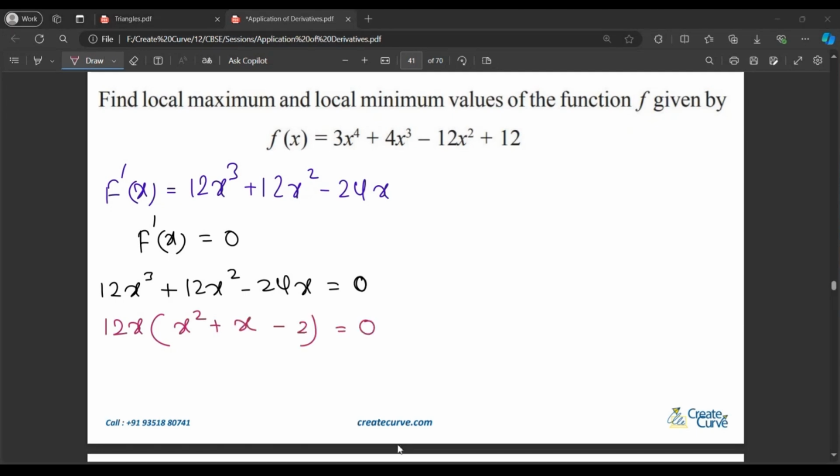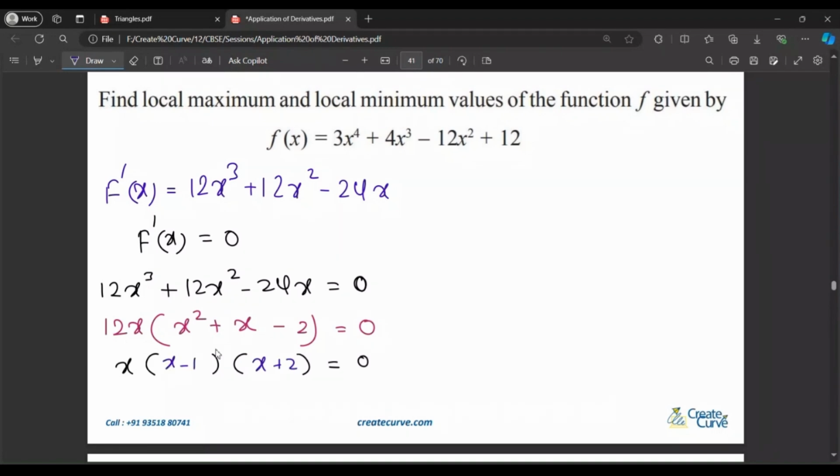Then factorize this. 12 will be gone, as 0 divided by 12 will be 0 itself. So one is x. If you factorize, you will get something like this. What are the values? Fully factorize x squared plus x minus 2: x minus 1 and x plus 2.